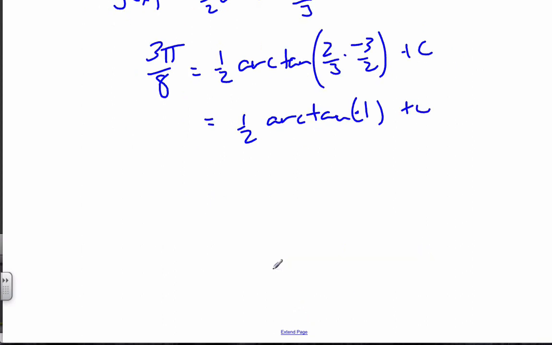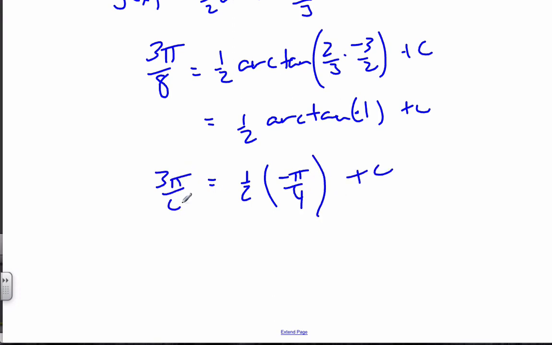Well, arctan of -1 is asking what angle produces a ratio of -1. Tangent is -1 at negative pi over 4, so I have negative pi over 8 plus c is 3 pi over 8. So c is equal to 4 pi over 8, which is half pi.